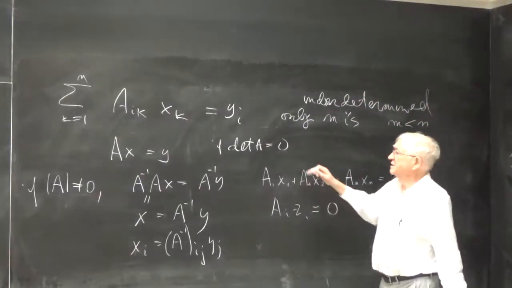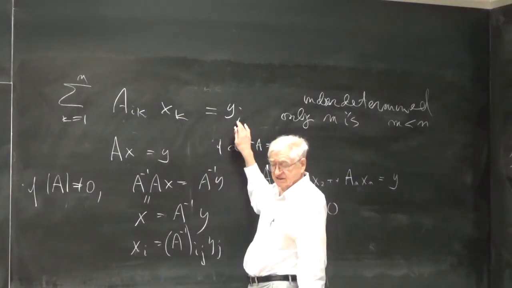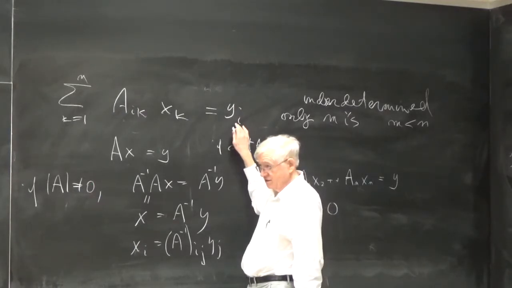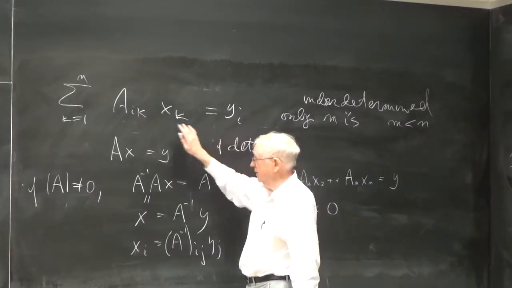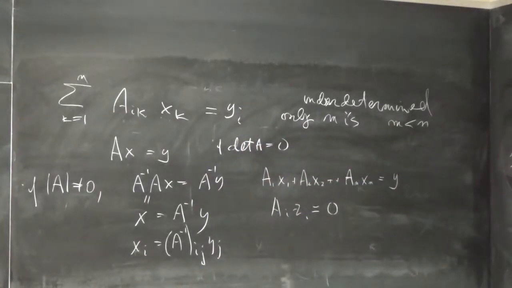That is to say, you have more variables than you need to get the solution y. To achieve the vector y, you have more x's than you need. You have more x's than y's, that is, n is greater than m.